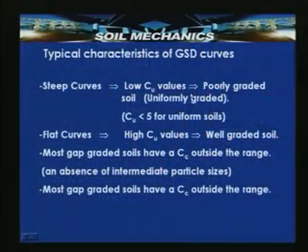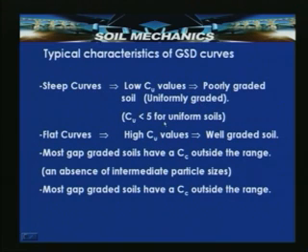Low Cu value or poorly graded soil means that the soil mass consists of identical sizes of particles, and as we discussed earlier, it is very difficult to compact identical sizes of particles. So, steep curves indicate a low coefficient of uniformity and a poorly graded soil, which is also known as uniformly graded soil.